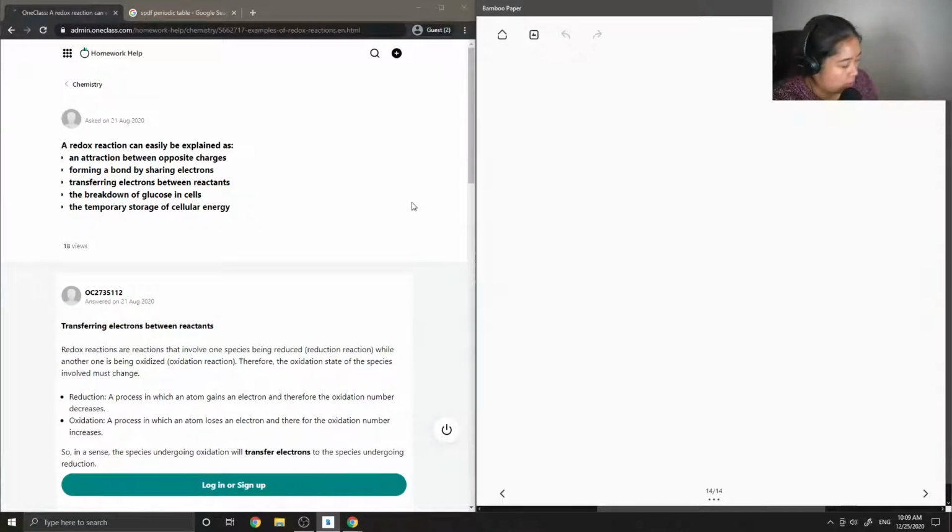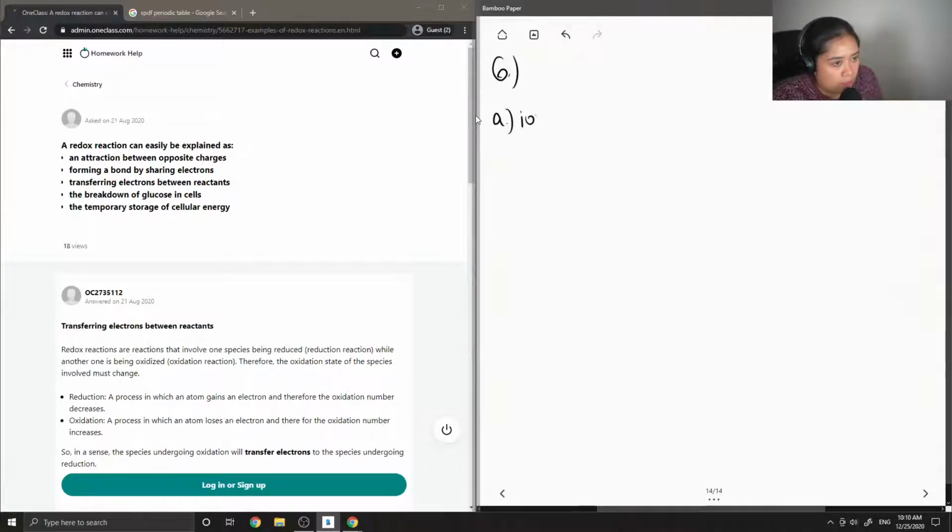Okay, so question number 6. A redox reaction can be easily explained as... So I guess we have to pick one of the options. So let's go over all of them. We have an attraction between opposite charges.